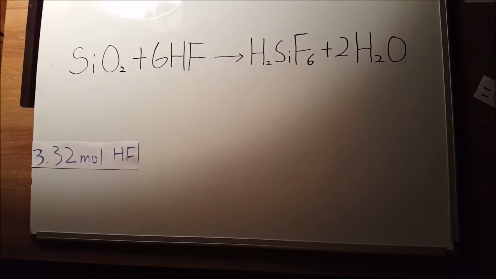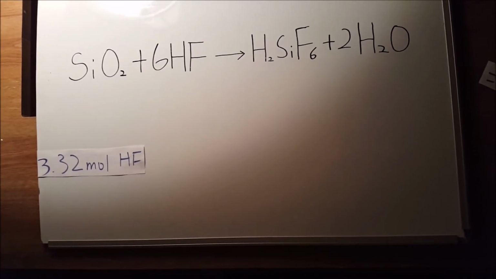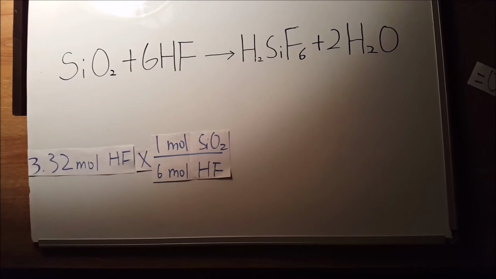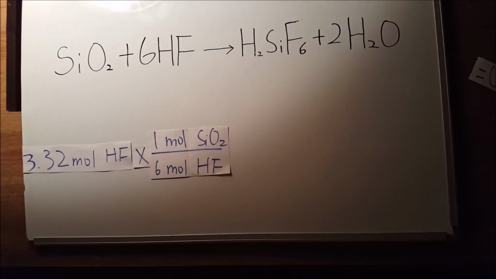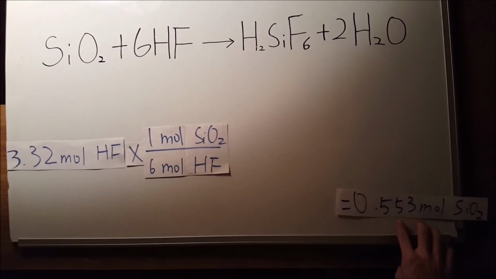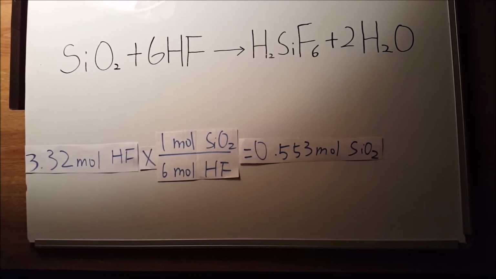So now we have 3.32 moles of hydrogen fluoride, which we multiply by the molar ratio between silicon dioxide and hydrogen fluoride, which is 1/6. It will give us how many moles of silicon dioxide were used in this experiment, which is 0.553 mole.